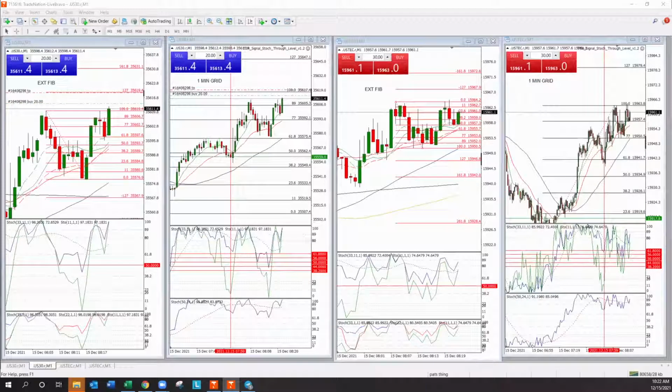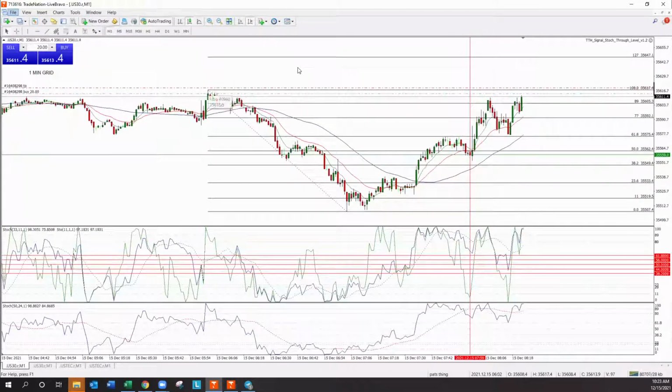Might get a little retracement. And then we need to watch this 100 level here. That is double top levels, not double top, just resistance levels.